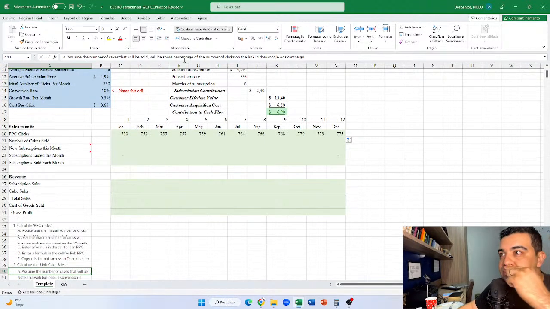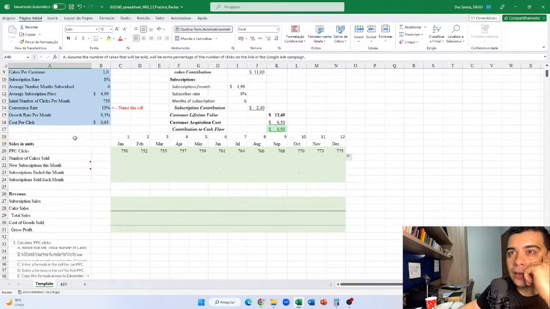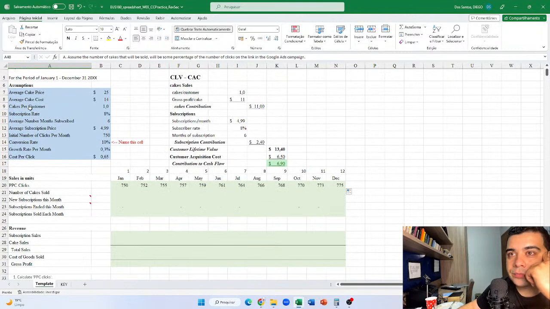Ok. Então, assume que o número de cakes que será vendido será uma porcentagem do número de cliques on the link on the Google Ads campaign. Number of cakes sold.